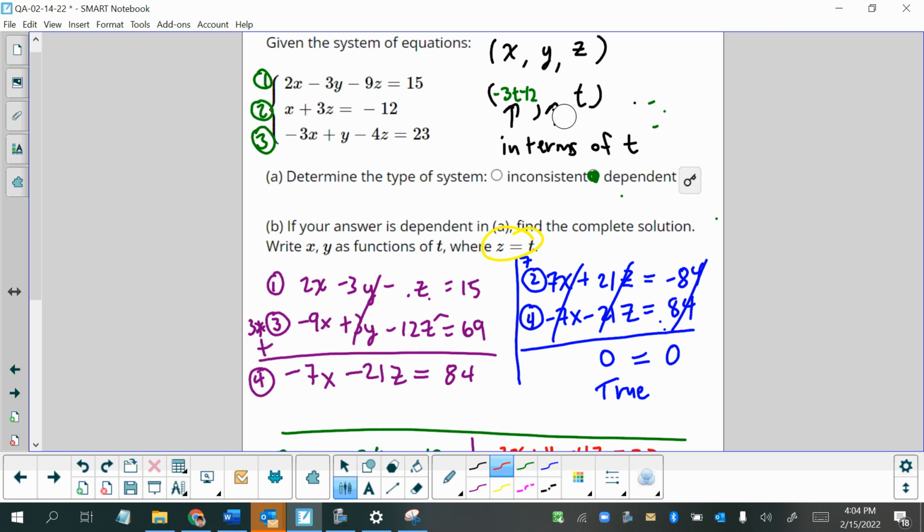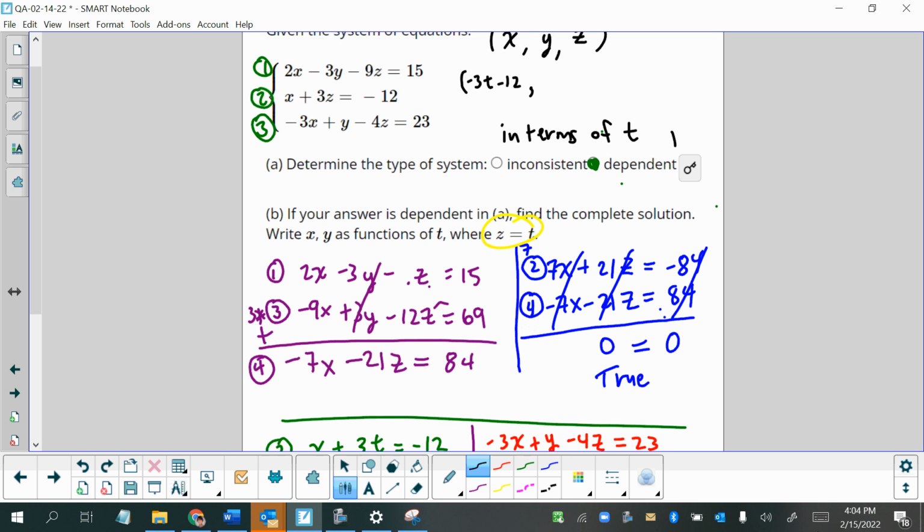Okay, so I'm going to write that up in here. I'll write it in red so it matches what we just did. I feel like I want to write all of this over again because it looks a little messy. So for x, we had negative 3t minus 12.